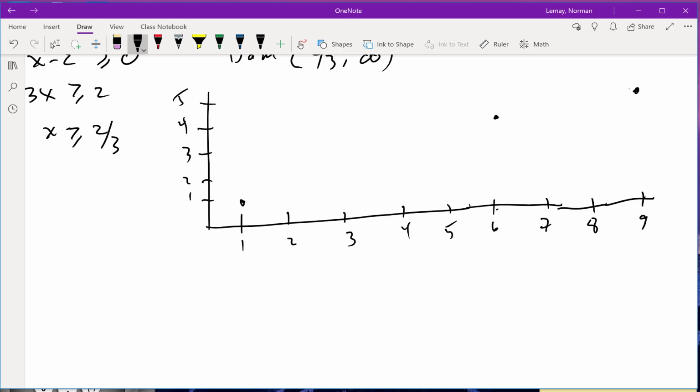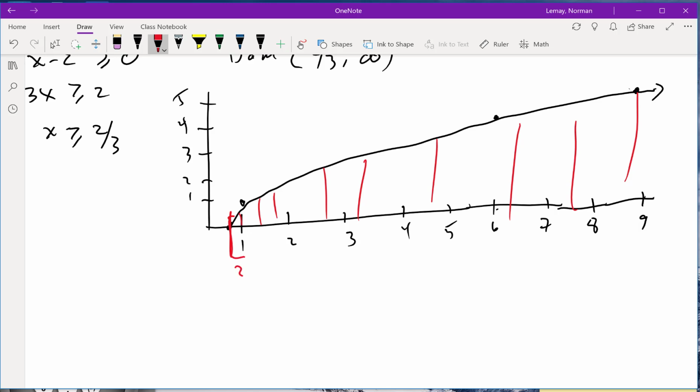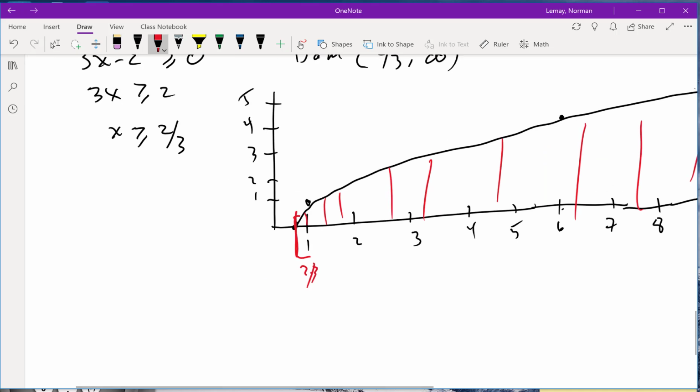And we know that at 2/3 the function is 0. And we can't go anywhere below that. So again, since that thing takes off forever, notice that if we project down to the x-axis, the only thing that's covered is from 2/3 all the way out to infinity. Okay.